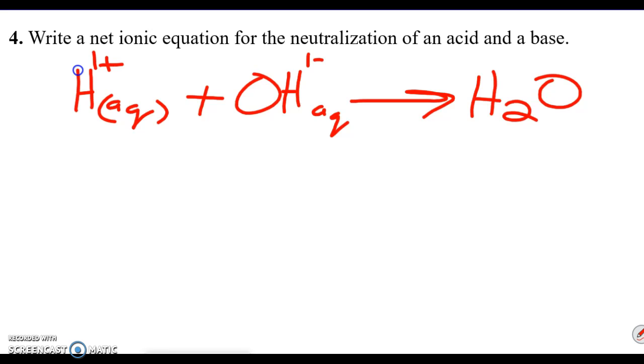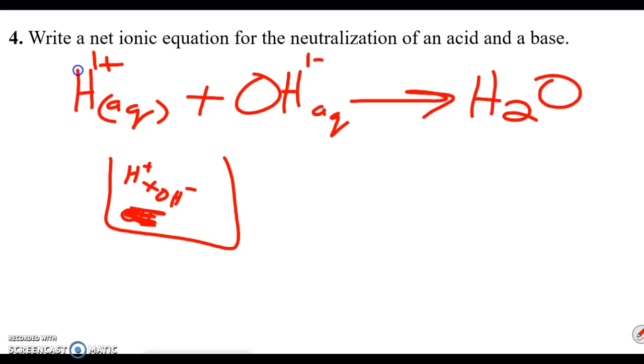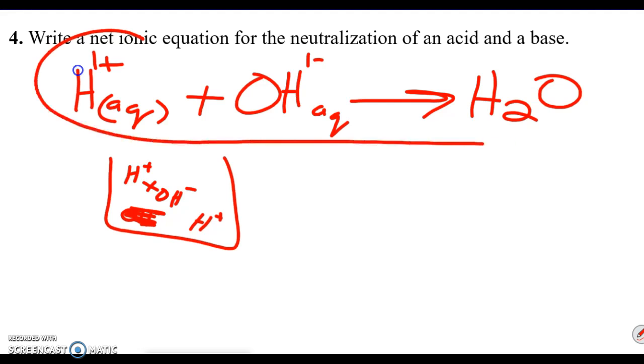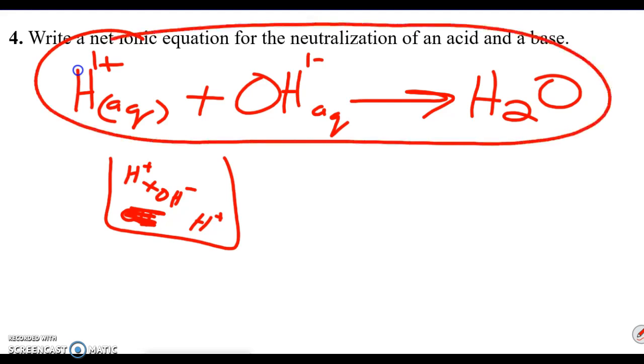So we put these items into a beaker, and the hydrogens find the OHs, and they link up and make water. This happens and happens and happens until all the pairings have occurred. And if there's one leftover hydroxide ion and there's phenolphthalein in there, it turns pink. If there's phenolphthalein in there and there's one leftover hydrogen ion, it'll be colorless. But this is the neutralization reaction, and we use that a lot. We'll talk about that a lot in this unit.